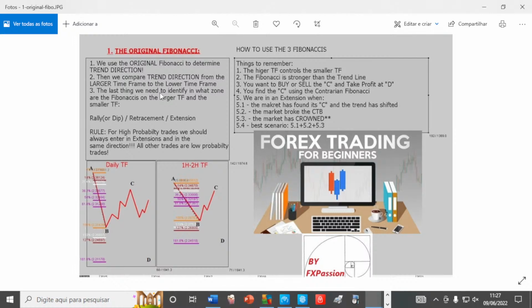The last thing we need to identify is in what zone, extension or retracement, are the Fibonaccis on the larger time frame and the smaller time frame, rally or deep retracement extension. Rule: for high probability trades, we should always enter in extensions and in the same direction. All other trades are low probability. Done.